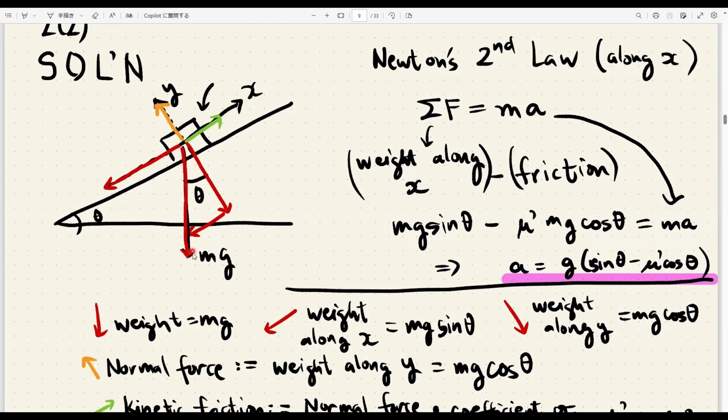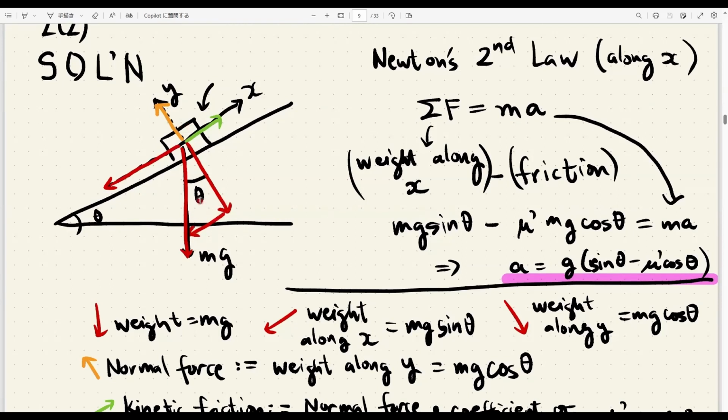So this red arrow will now be 2 red arrows, okay? This is the x direction of that weight, and this is the y direction of that weight. They have to be perpendicular because we are decomposing the resultant into those 2 perpendicular components, right?